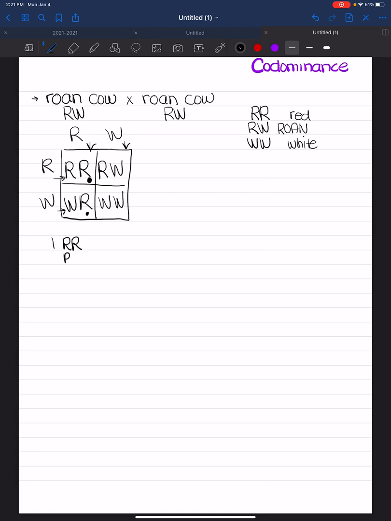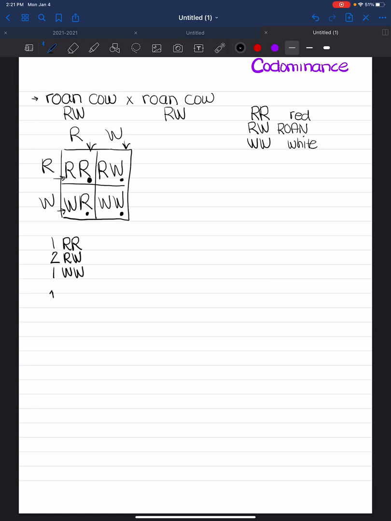So I'm going to go ahead and write the R first just to help me organize. And so I look and see if any other squares have the genotype RW or WR. And this one does. So then I have 2 that have the heterozygous genotype of big R, big W. And then I go to my last square, and I know that I'm going to have one that's big W, big W.